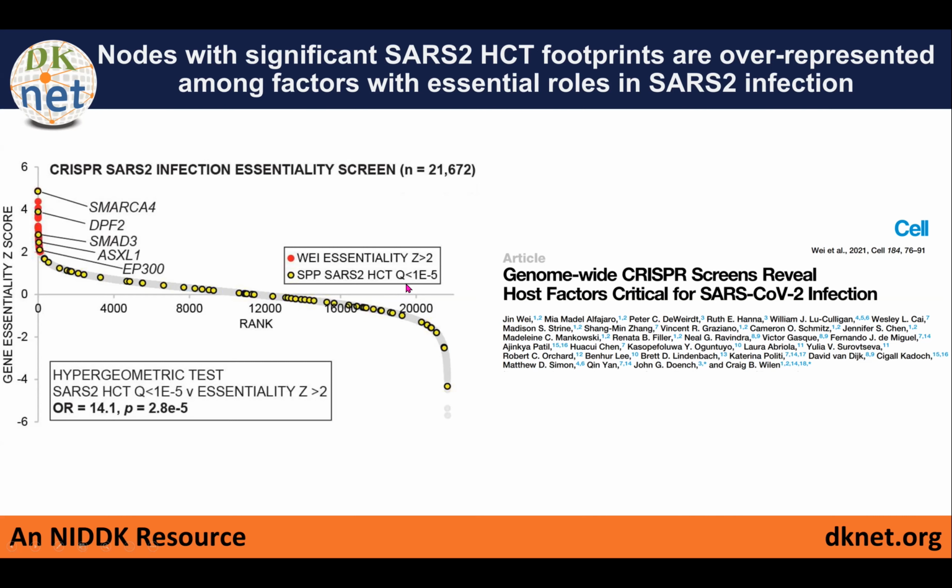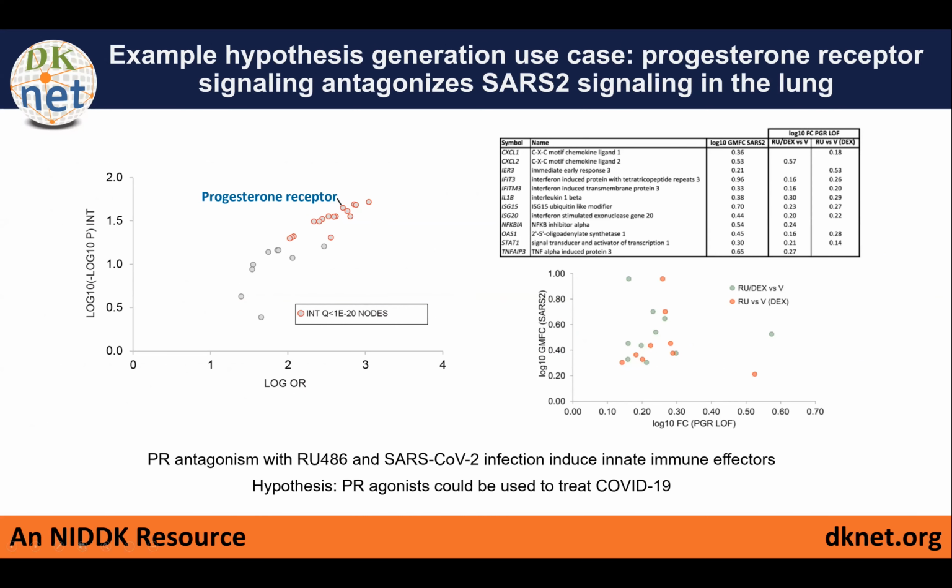And so again, what this independent benchmark was saying, is that using our approach, and then using this functional infection screen, we were actually identifying an overlapping set of nodes that were important for SARS-2 infection.